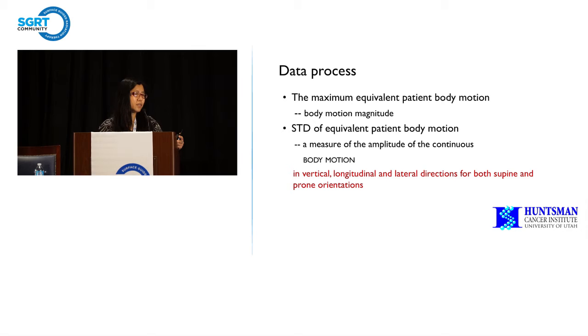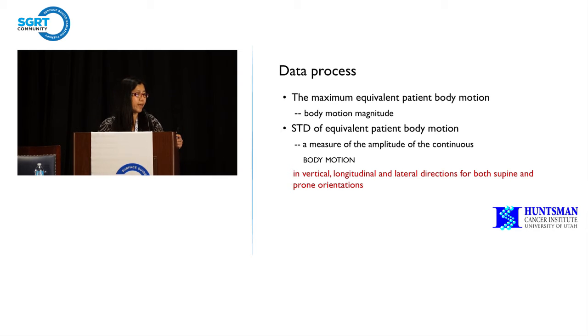The standard deviation is a measure of the amplitude of the continuous body movement. A larger deviation means you have more body motion constantly, and small means it's very low.